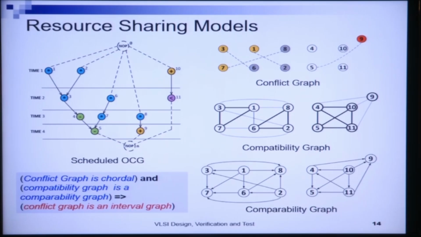So, if there is an oriented edge from Vi to Vj, and there is an oriented edge from Vj to Vk, there will also be an oriented edge from Vi to Vk. This is what this ensures, and hence this compatibility graph is a comparability graph, because for all edges I can impose an orientation property like this. Now, how can we obtain this orientation?